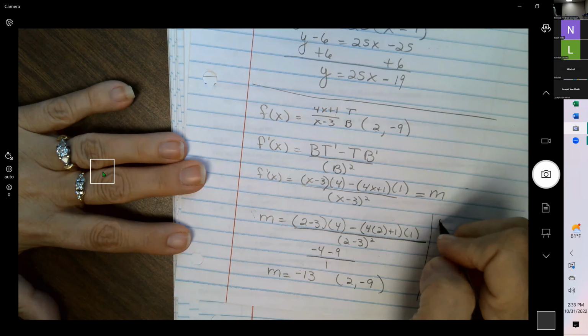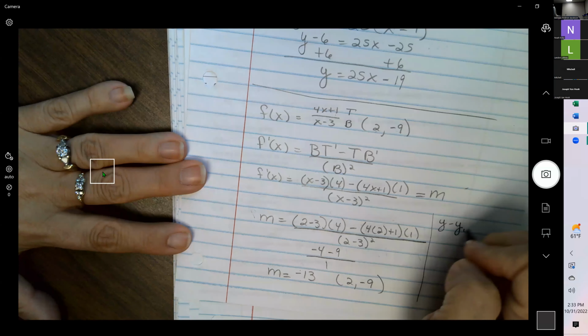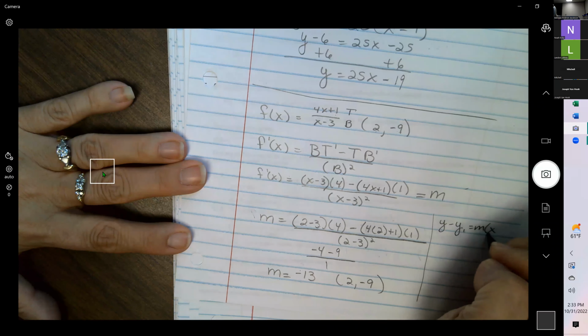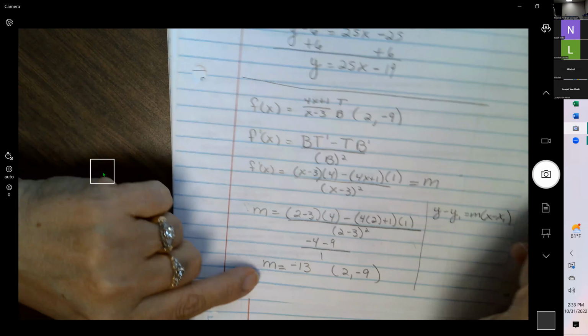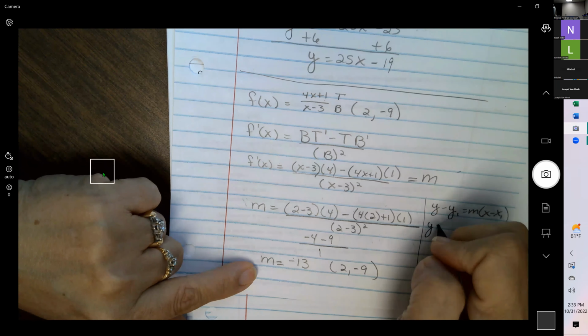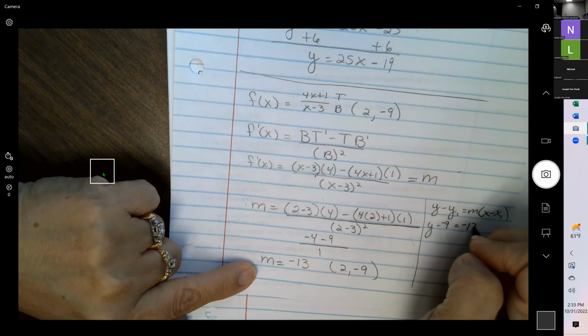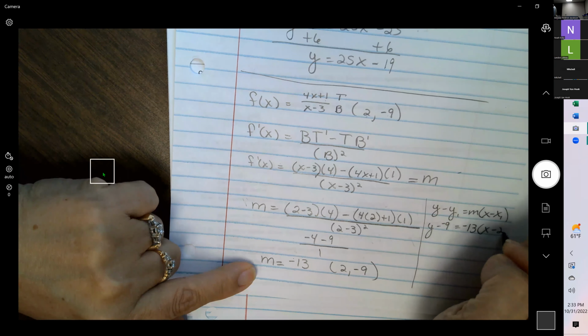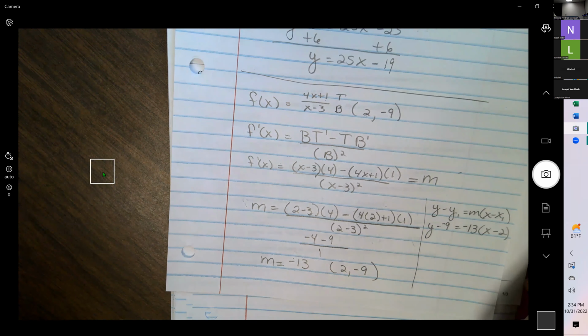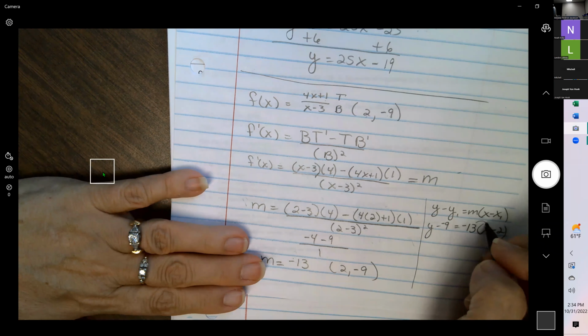And we'll plug in y minus y1 equals m times x minus x1. Y minus a negative 9 equals negative 13 times x minus 2. Distribute the negative 13.